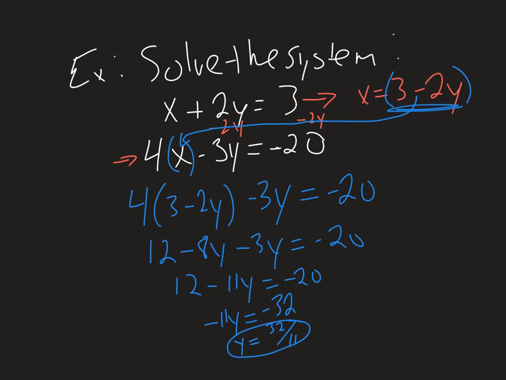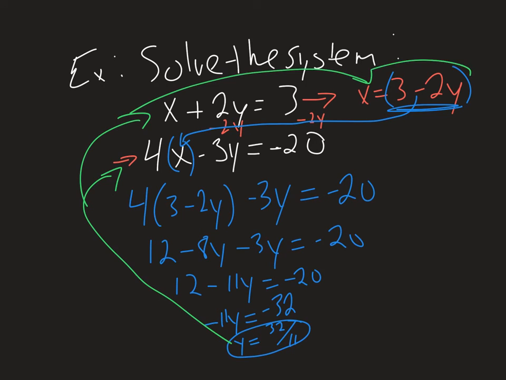Now we've got an option here. We have a y value, so we could plug it into either equation. All things being equal, I say let's plug it into this one right here. Then we can get x by itself and solve. So let's plug it in. That means x is going to equal 3 minus 2 times 32 over 11. Let's simplify a little bit.